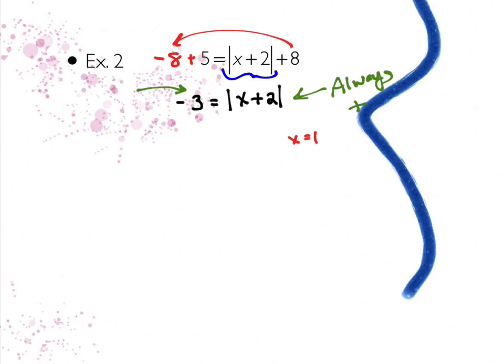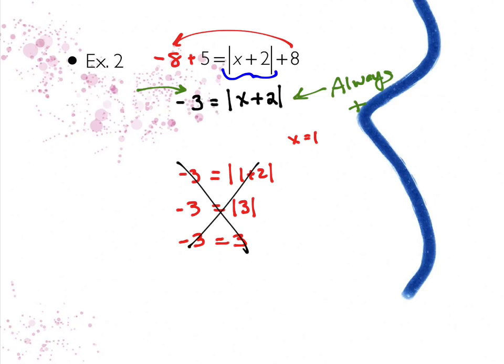If I plug in 1 for x, 1 plus 2 equals 3. That's the absolute value of 3. What's the absolute value of 3? It's 3, and that doesn't work because it's not negative. So that's a big no-no.